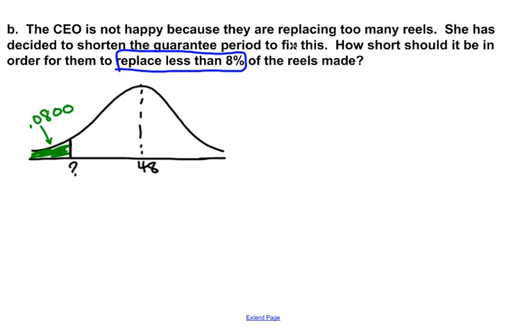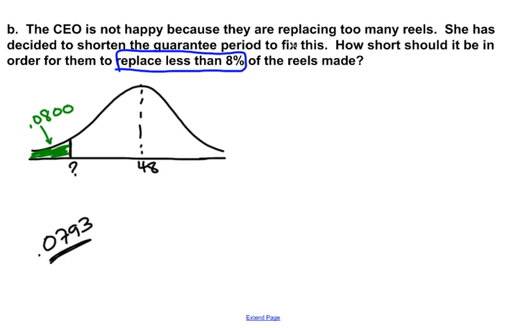Okay, so we're going to go to our table, which is where the percentages are. Since we have 8%, we're going to look up 8% on the table and find the closest z-score that we can find to that. When you go to that table, you will find the closest you can get to 8% is 0.0793.